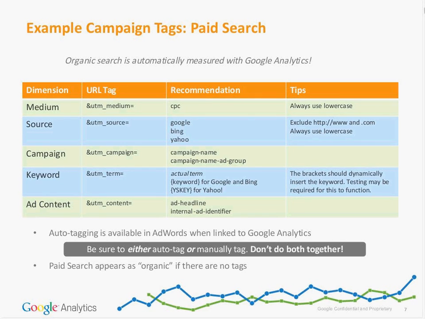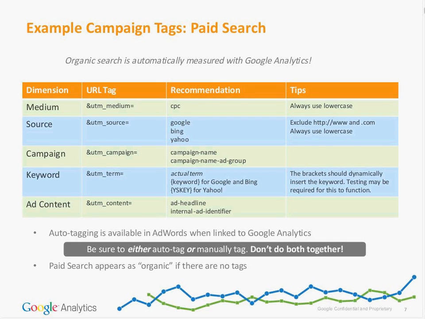So again, it would look something like utm_term equals and then keyword within brackets, or YSKey if you're bidding on Yahoo. In ad content, you would either insert your headline, or headline and maybe different versions of the body copy, just some sort of ad copy identifier.